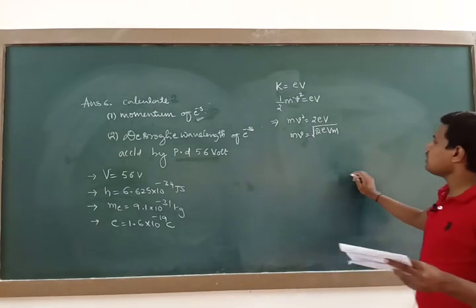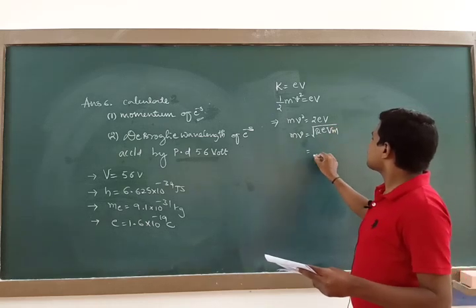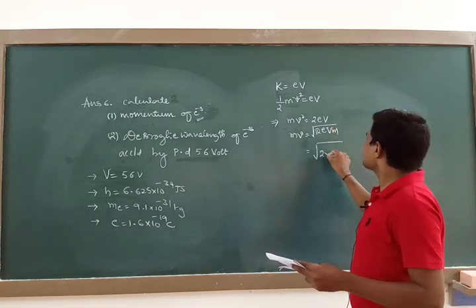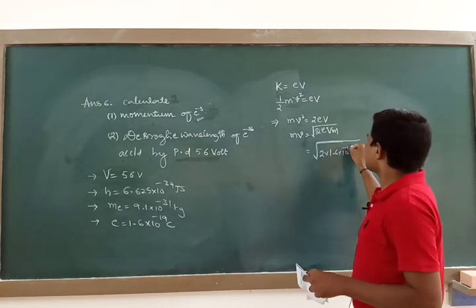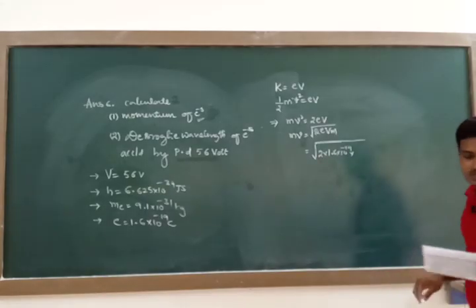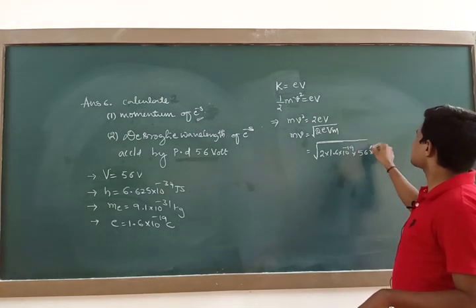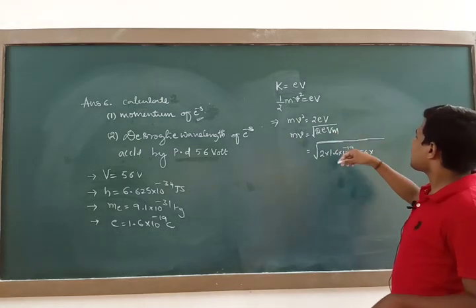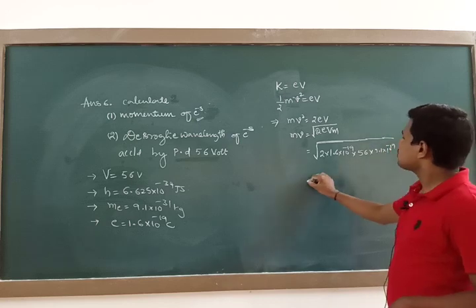So root of 2eVm. Yes. So here 2 into charge of electron 1.6 into 10 power minus 19. Accelerating potential, that is obviously 56 volt, yes 56, into mass of the electron 9.1 into 10 power minus 31.